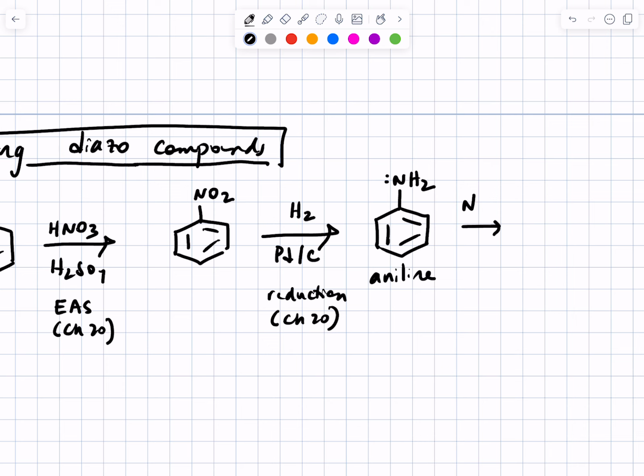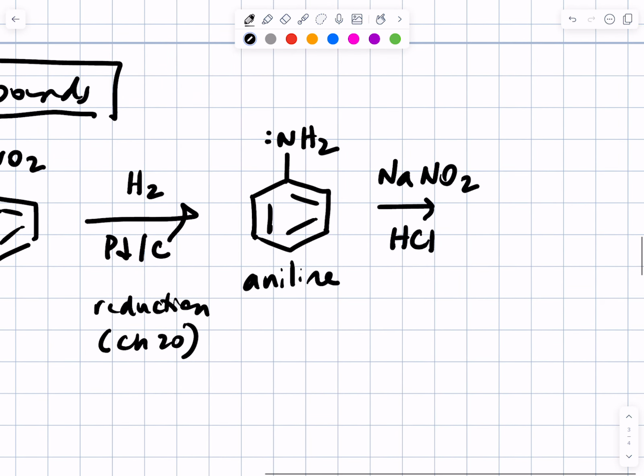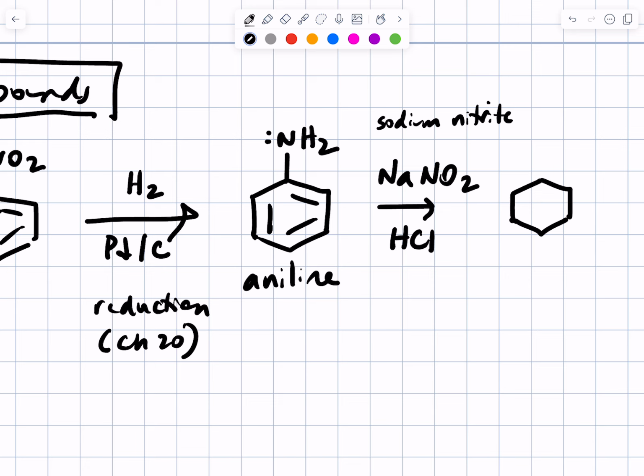The mechanism is known, so if you want to know it, you can come talk to me and I will show it to you. It's just not really worth the time. It's not that hard, but it's not really worth the time. So you use sodium nitrite. Nitrogen has a lot of different oxidation states.